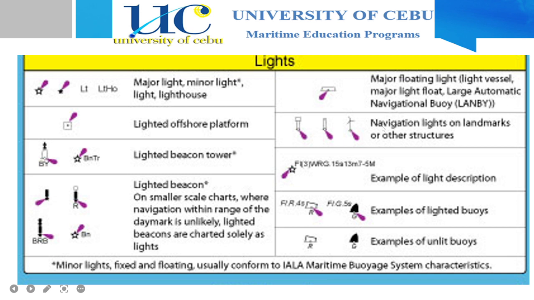This is from the landmarks: the windmill, the tower and the lighthouse. This is a navigation light and landmark for other structures. This writing here is an example of a light description and an example of lighted buoys, and this is also an example of unlit buoys.